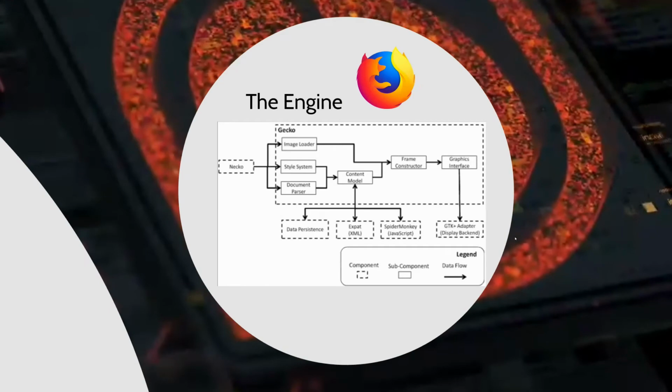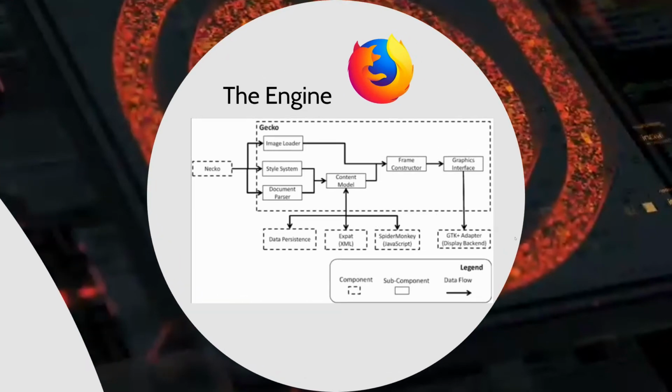And the Gecko engine is used by other Mozilla products like Thunderbird. It's got a number of important components, most critically for this particular presentation, the SpiderMonkey engine, which is where the JavaScript runs and where the sandbox has to be put in and escaped.